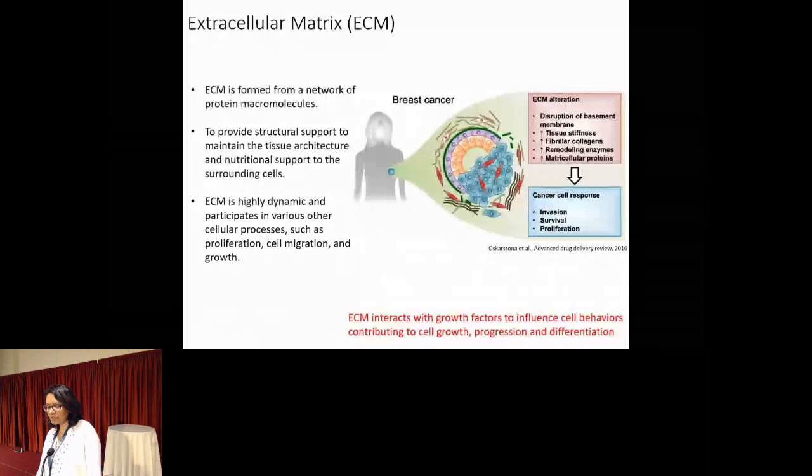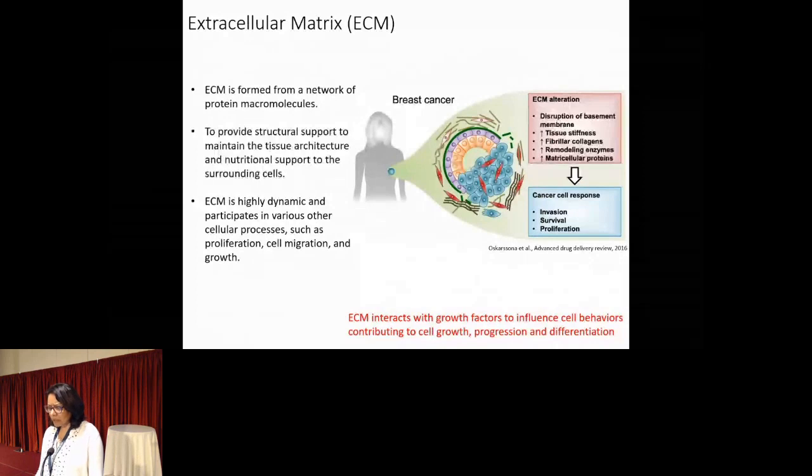It plays a really important role in tissue structure because it provides support and maintenance of tissue architecture and nutritional support to the surrounding cells. The dynamic of the ECM is that it interacts with different growth factors and cytokines to mediate cellular behavior, contributing to the growth, progression, and differentiation of the cells.